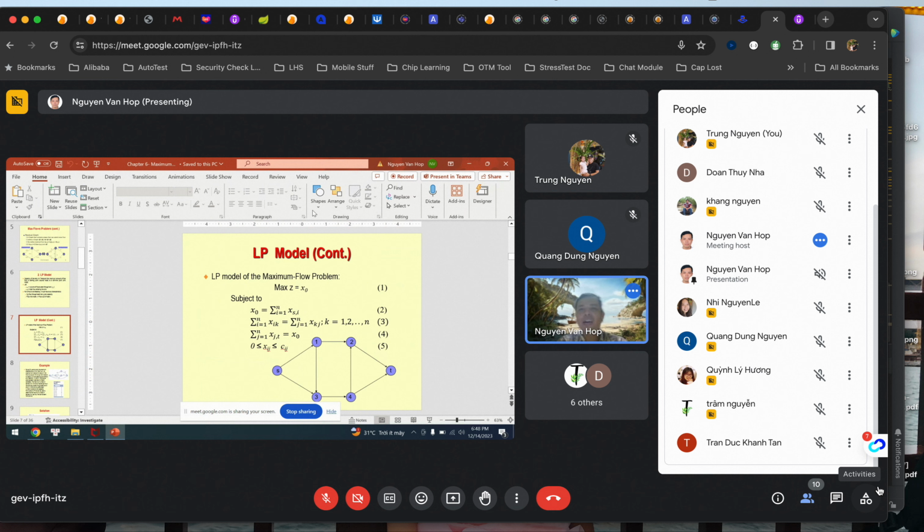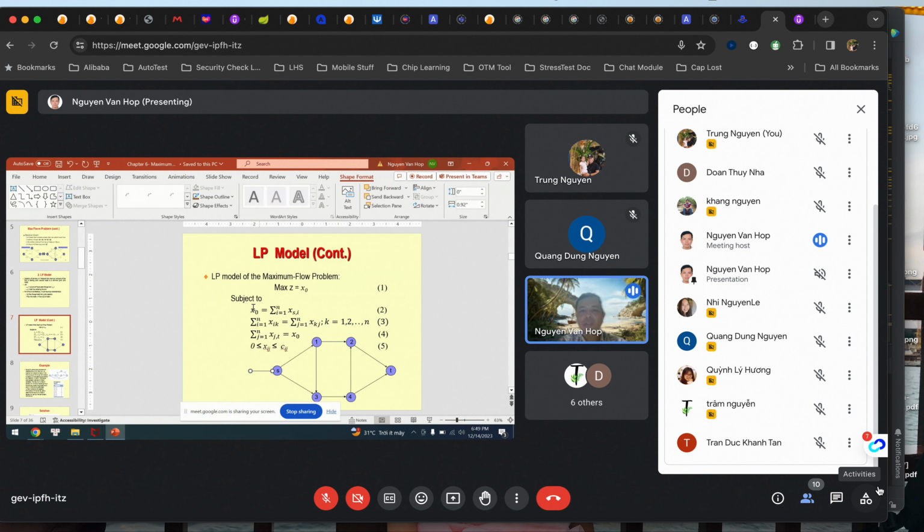Suppose that I draw a virtual arc here, then I have x0 as the total flow into the node. Then the total flow in node S will equal the total flow out of node S, the sum of flow from S to node i. Node i here, in this case, is 1 and 3. So S1 and S3, and the flow of S2 is 0, S4 is 0, and ST is 0. Therefore we have the first constraint here.